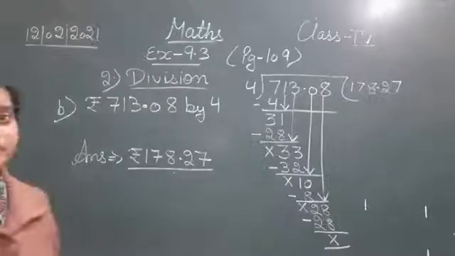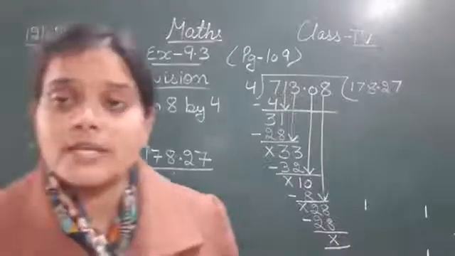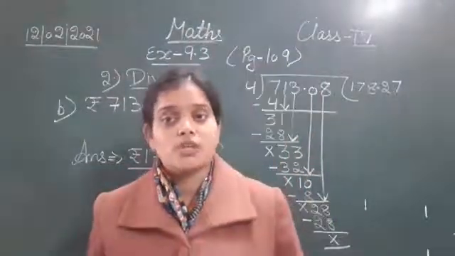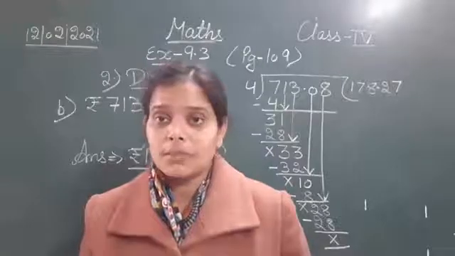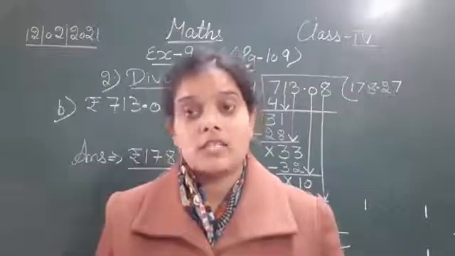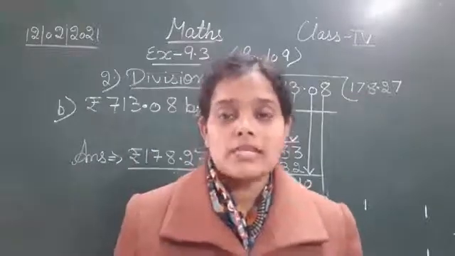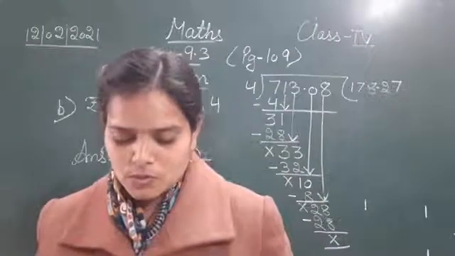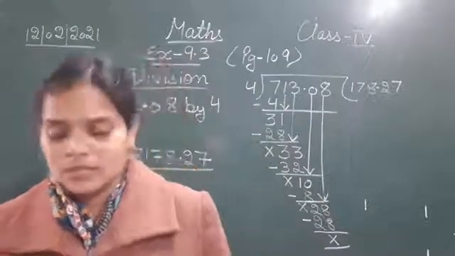Now I have given you two examples each of the multiplication and the division of the amount of money. Now we will move to the next topic, that is statement sums. So the next question is question number 3, that is a statement sum.